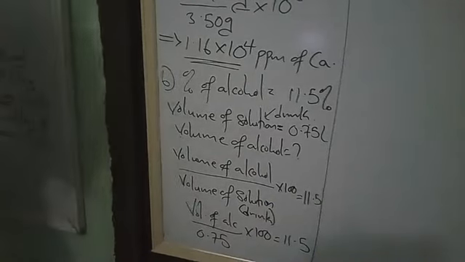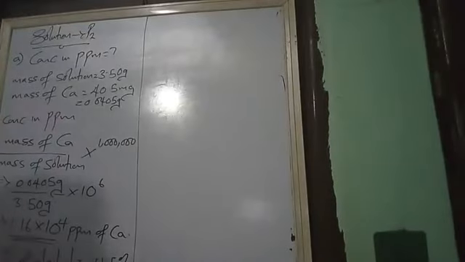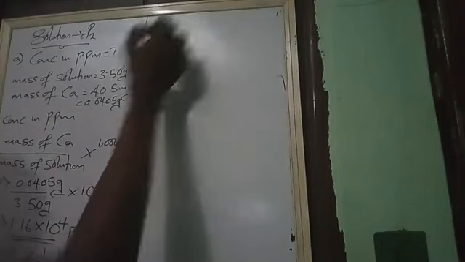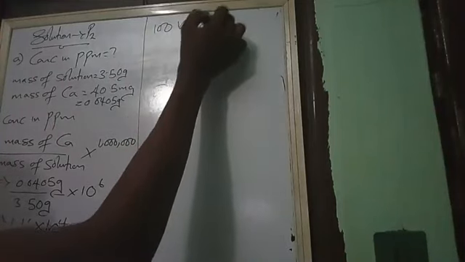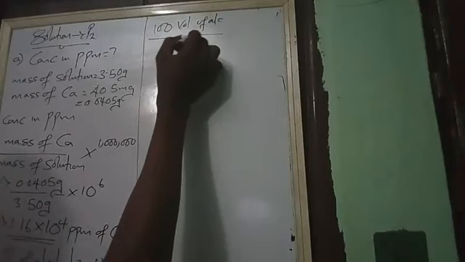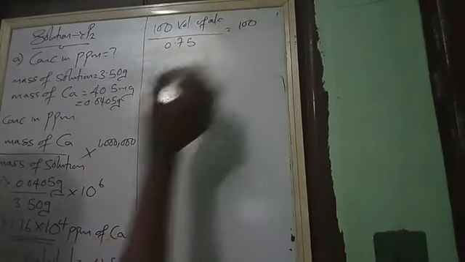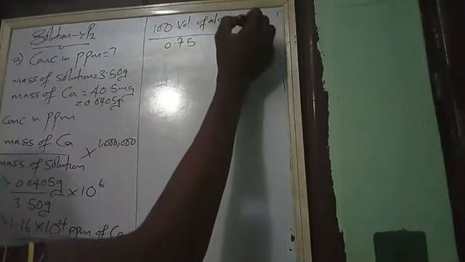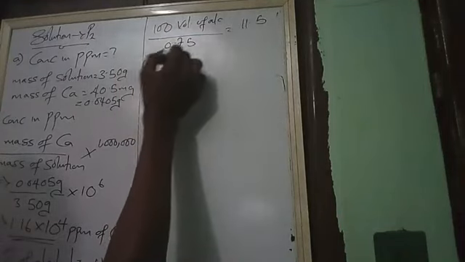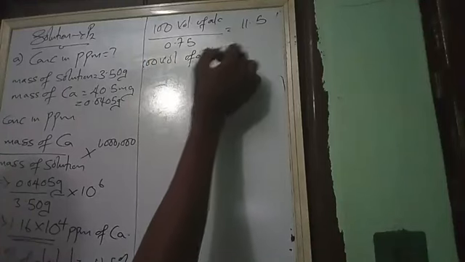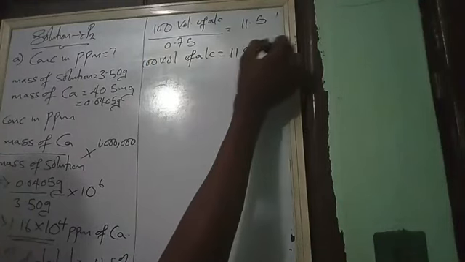So what do we do next? You cross multiply. I can just say that means 100 multiplying the numerator, 100 volume of the alcohol divided by 0.75 is equal to 11.5. So when I cross multiply, I have 100 volume of the alcohol equals 11.5 times 0.75.